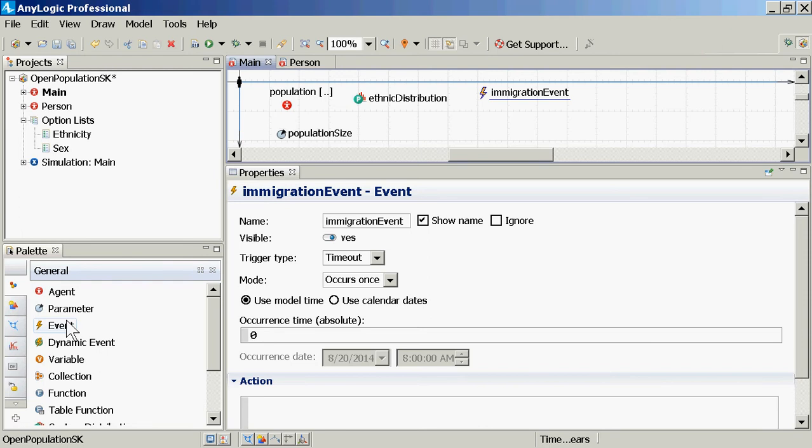And therefore, it's most natural if the custom distribution for ethnicity lives in Main, in the place where the population is, rather than within the person itself. Because it's not a distribution inherent in personhood. It's a distribution associated with the population. It's associated with a particular context, and that's captured in Main. So that custom distribution is best in Main. And this brings up a more general point, which I want to emphasize.